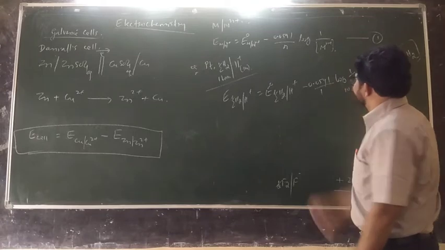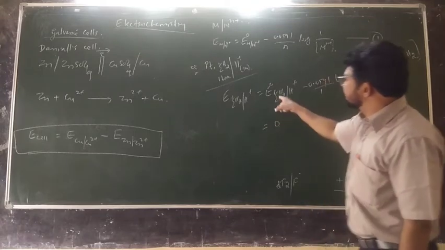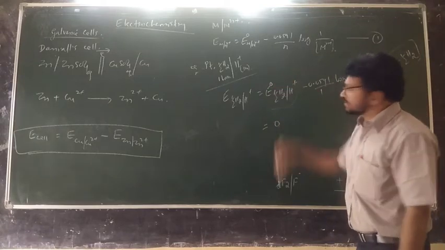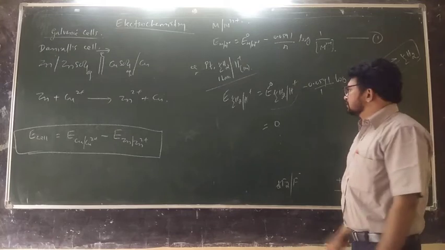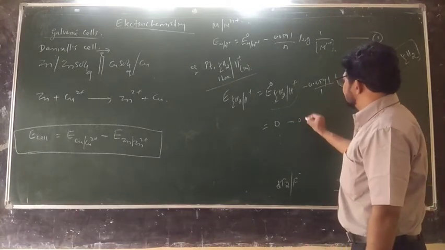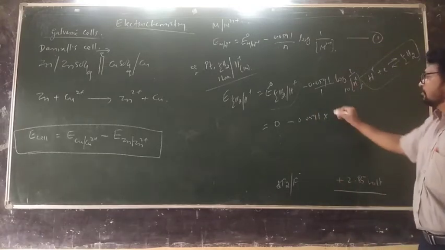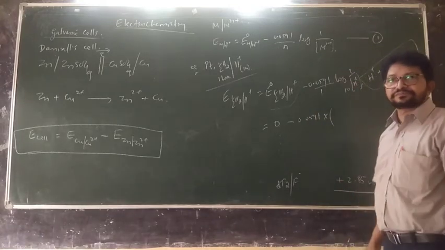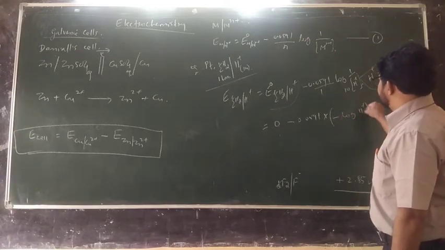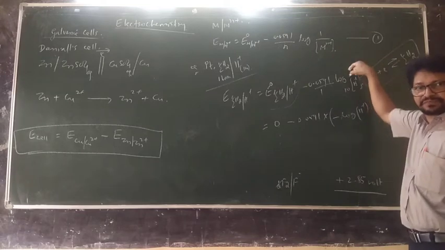This can be written as 0, since the standard hydrogen electrode potential is 0. So that means 0 minus 0.0591 into log of 1 by H plus, which can be written as negative log of H plus, because this is to the power minus 1, taking it to the numerator as minus 1.